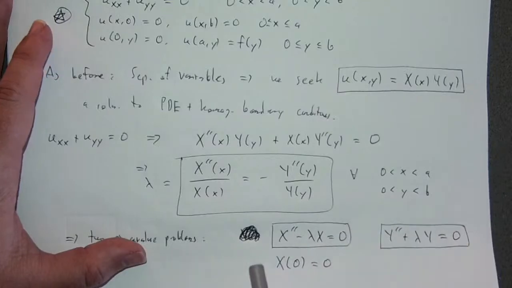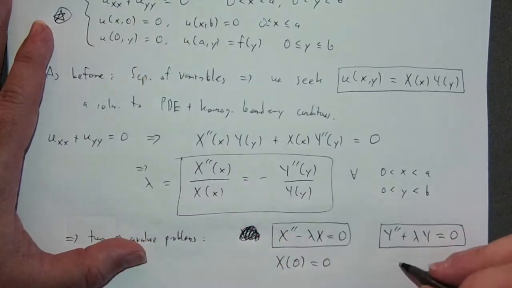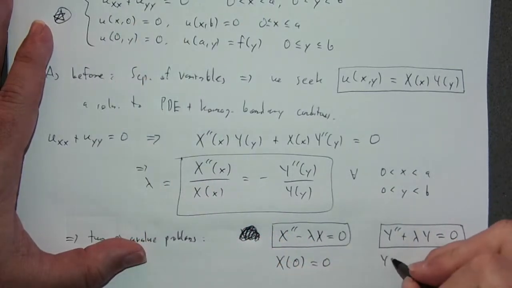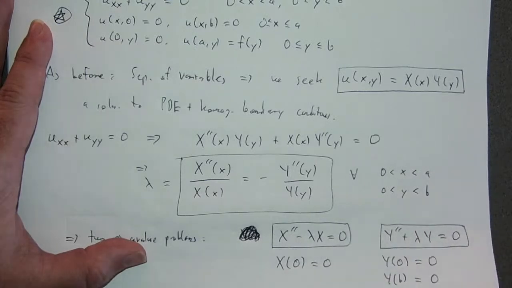For the y problem, though, I get two: Y of 0 is equal to 0, and Y of b is equal to 0.